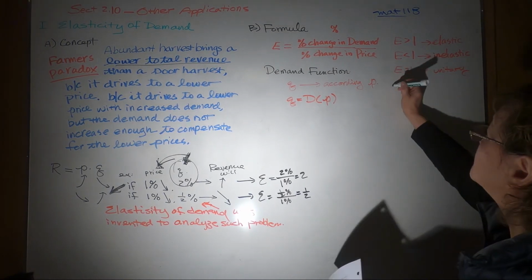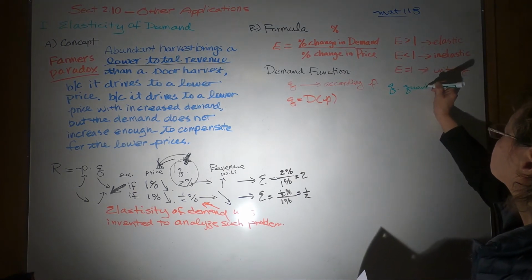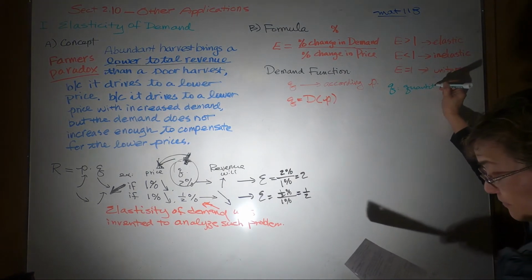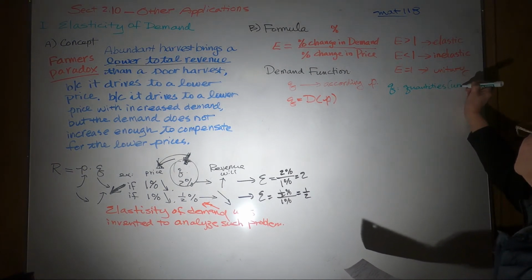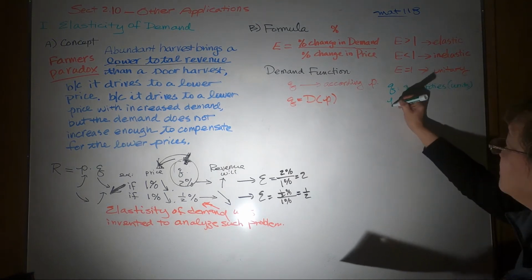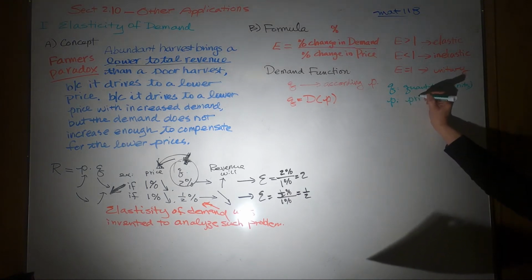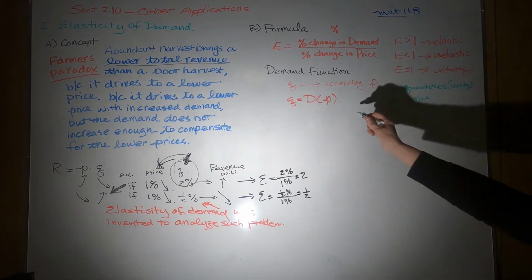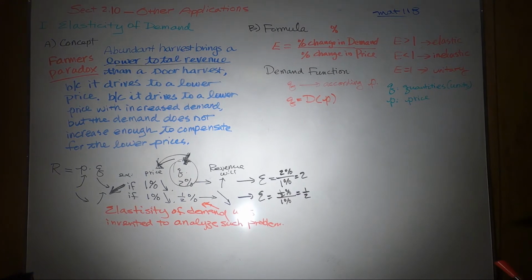Q is the quantities, right? That's the units sold, right? Then P is what? The price. So from P to Q, from A to B, right? Point A to point B. That's the demand function.